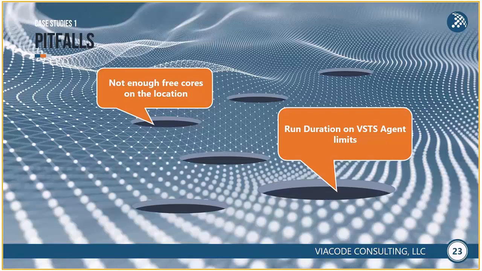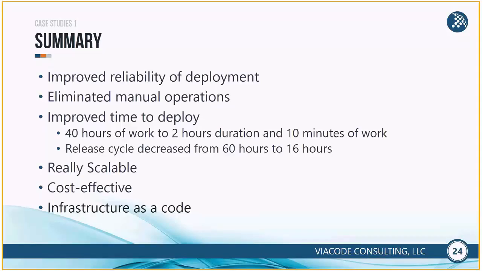Number two, with increasing number of tests and deployment platforms, we started to approach the VSTS agent run duration limitation. Fortunately, now this limitation is gone. A few weeks ago, Microsoft removed this limitation, and you can run your deployment and test automation as long as you need it. There is no run duration restriction anymore.